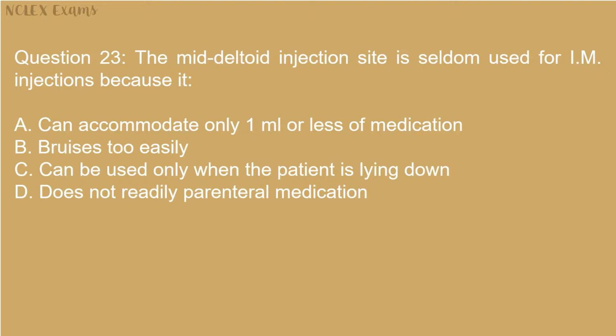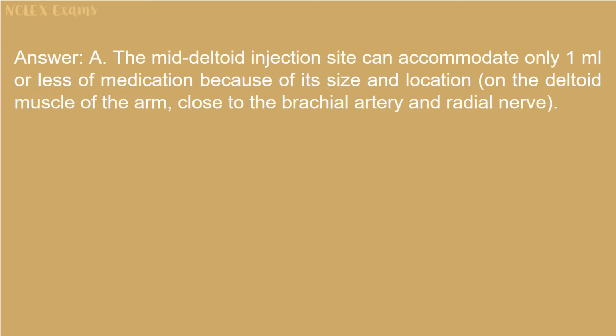D. Does not readily absorb parenteral medication. Answer: A. The mid-deltoid injection site can accommodate only 1 milliliter or less of medication because of its size and location on the deltoid muscle of the arm, close to the brachial artery and radial nerve.